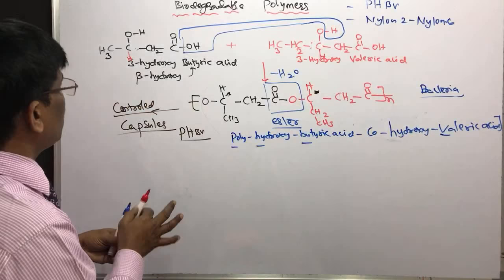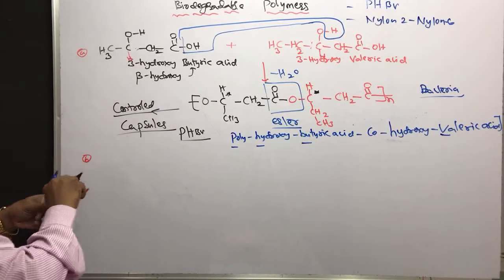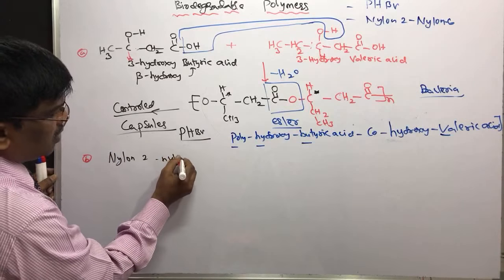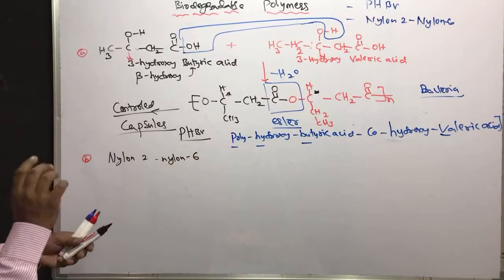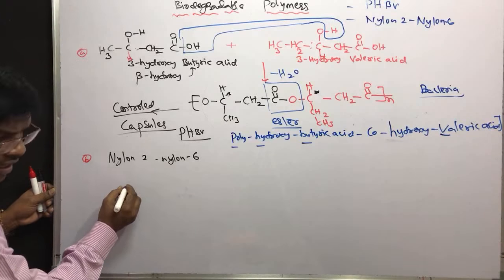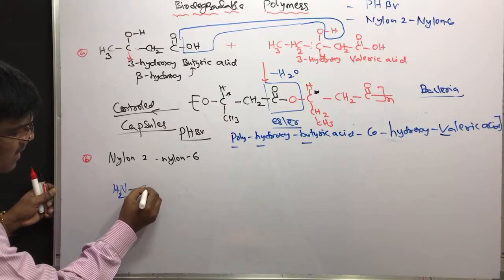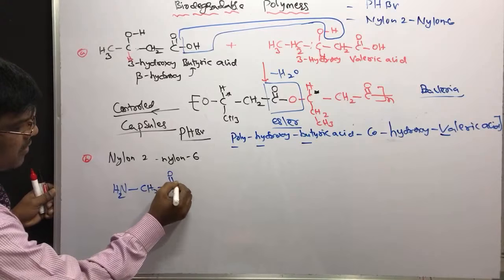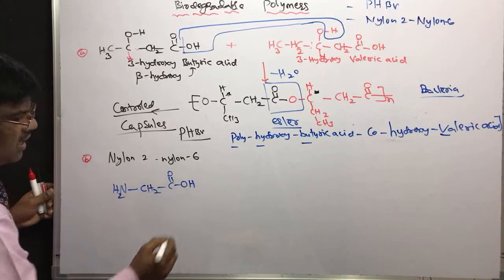Another important polymer is nylon 2, nylon 6. So nylon 2 and nylon 6. It is a glycine copolymer we are going to learn, students. This is glycine. In the previous lecture I explained amino acids, glycine.